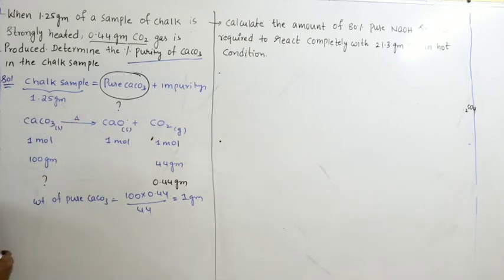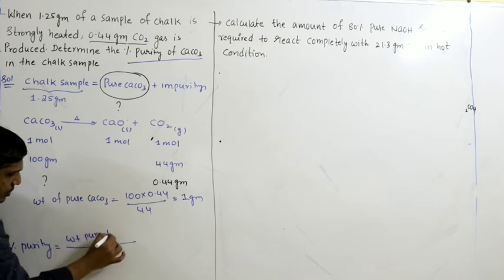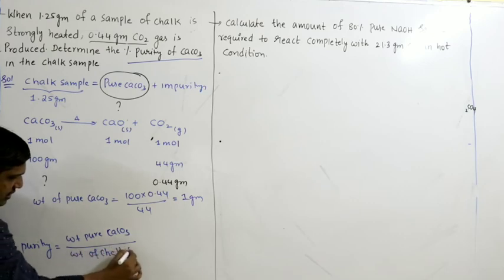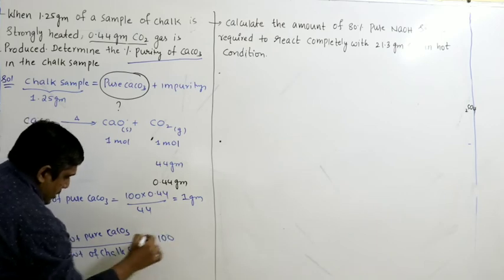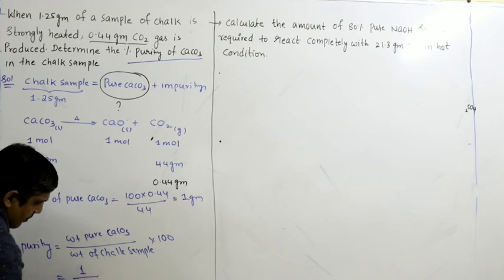impurity. So percentage purity of CaCO3 in the sample is equal to weight of pure CaCO3 by weight of chalk sample into 100. So this is equal to 1 by 1.25 into 100.